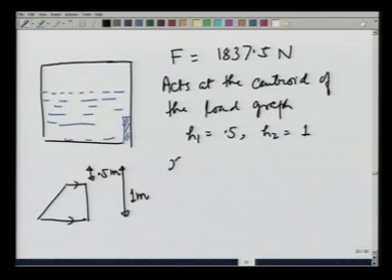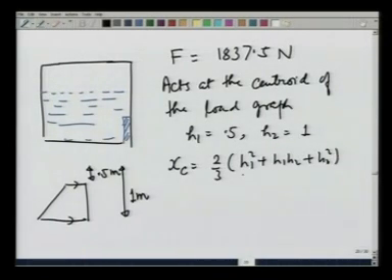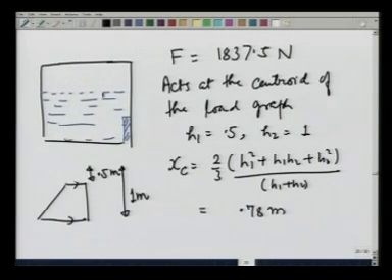So, the loading centroid XC is at 2/3 times (H1 square plus H1 H2 plus H2 square) divided by (H1 plus H2) that we calculated earlier, and this comes out to be 0.78 meters from the surface of the water. So, from the surface of the water, this is at 0.78 meters, or from point A it is at 0.28 meters.